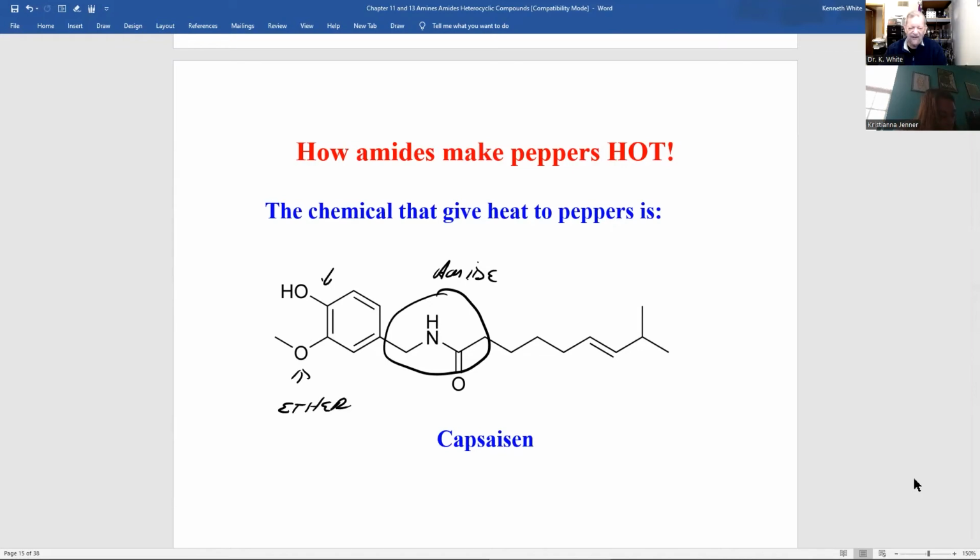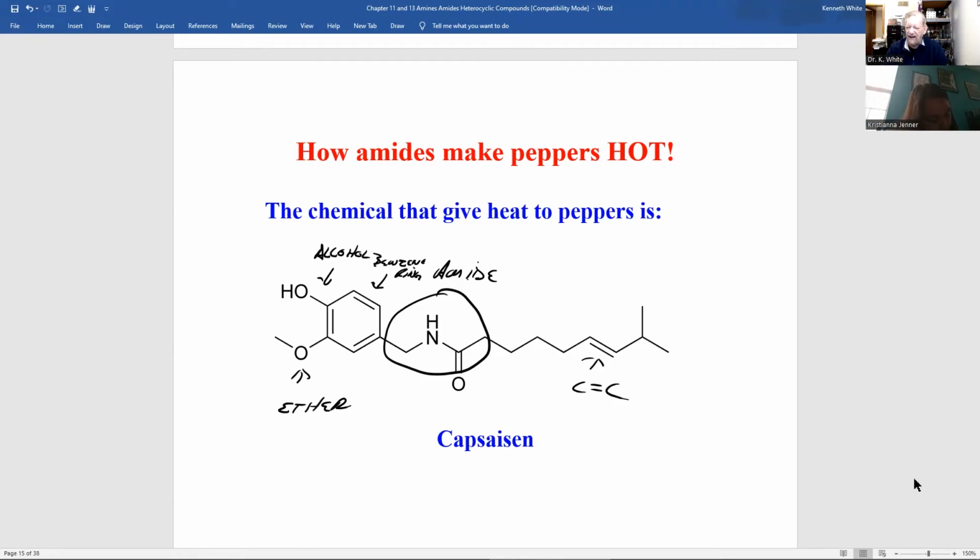I have an alcohol. I have a benzene ring. And you've got a double bond. There's a lot going on in that molecule.